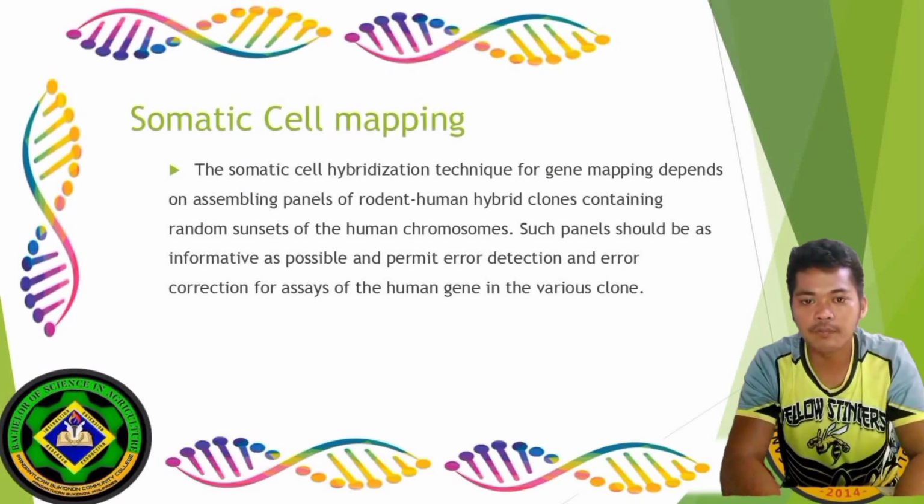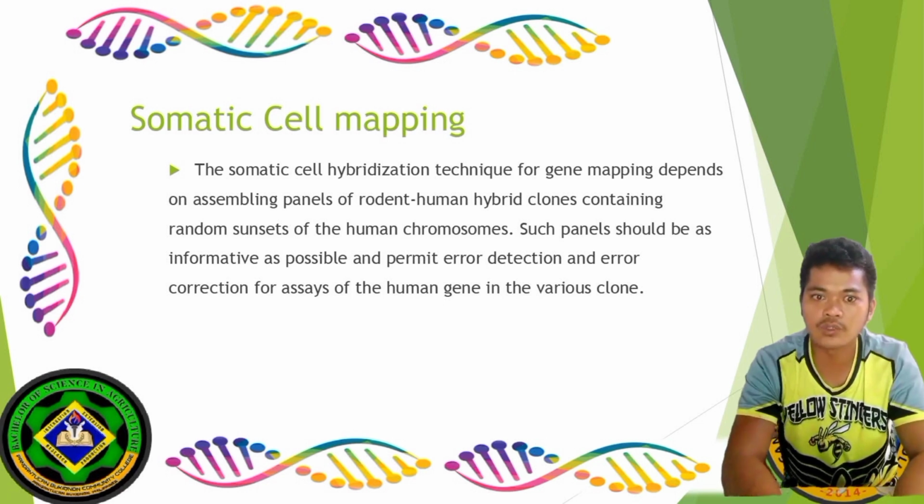Somatic cell mapping: the somatic cell hybridization technique for gene mapping depends on assembling a panel of rodent-human hybrid clones containing a random subset of the human chromosomes. Such panels should be as informative as possible and permit error detection and error corrections for each of the human genes in the various clones.